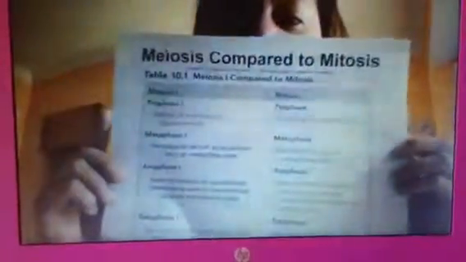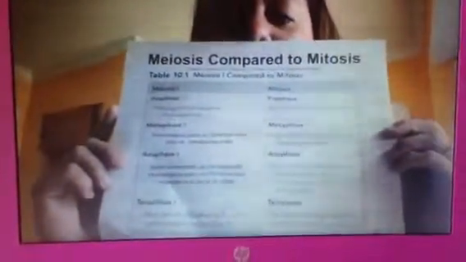This is meiosis 1, and it's all backwards. But this comparison chart was really helpful with trying to memorize the differences between meiosis and mitosis. So that was pretty cool, I thought.